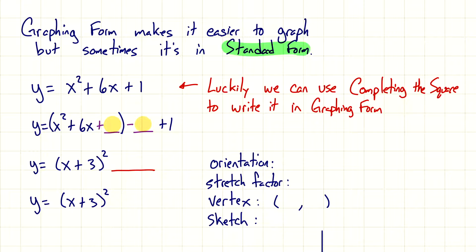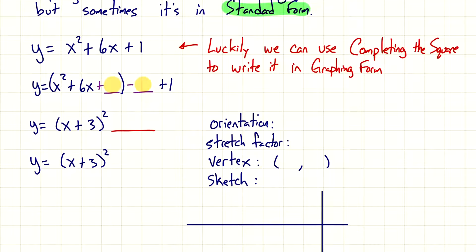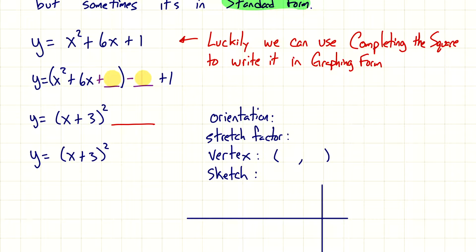I'm not going to go over the specifics of how to do that too much, but I'm just going to remind you of a couple of steps so that we could get to the part where we could actually graph this.